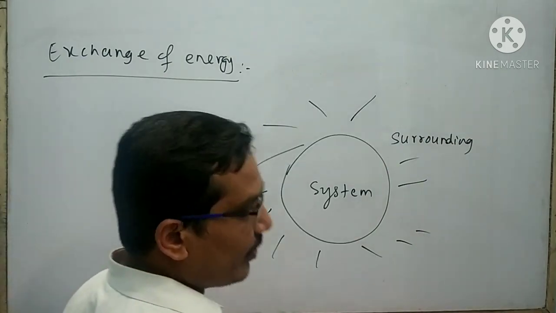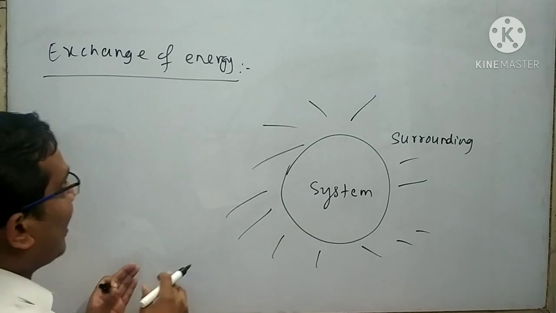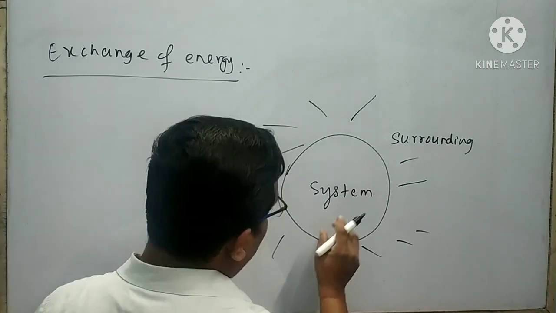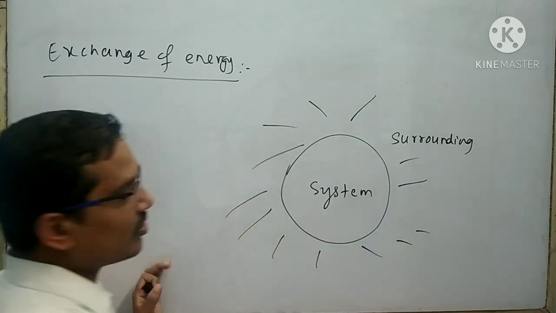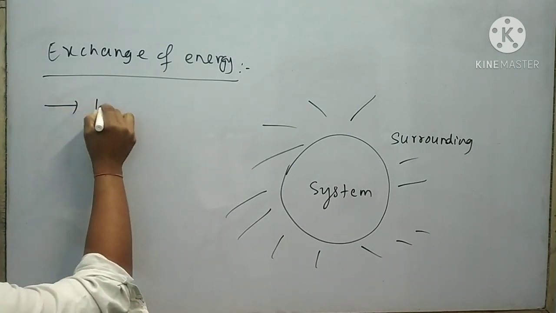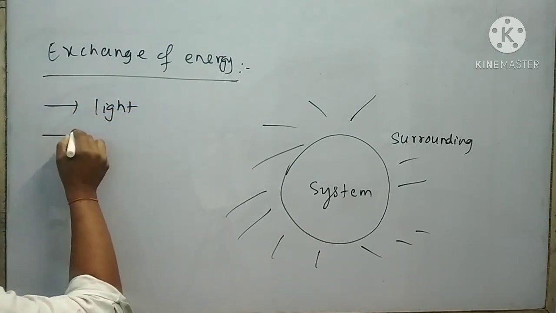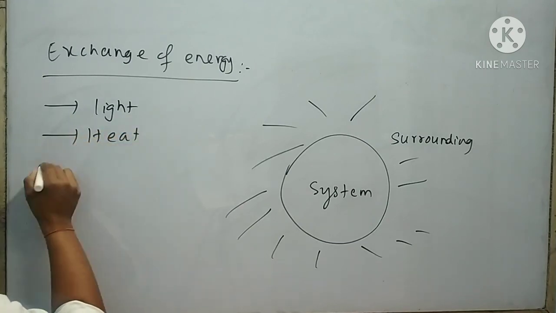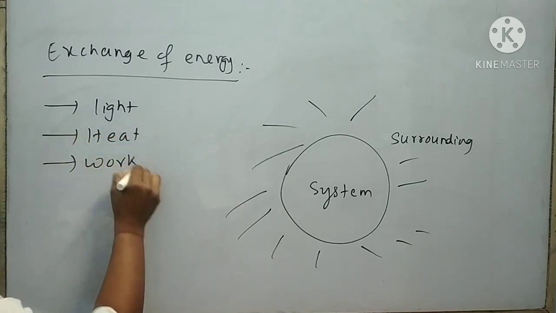There are three different ways by which the energy can be exchanged between system and the surrounding. These three different ways are: number one is light, number two is heat, number three is work.